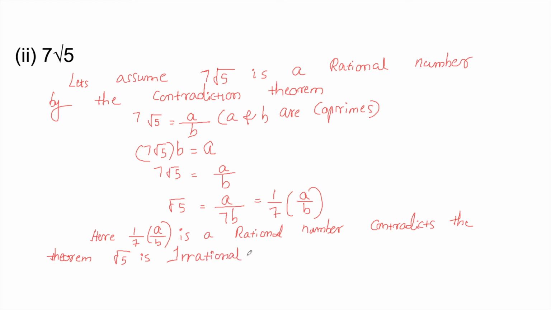Okay, that means our assumption was wrong. So we can conclude, hence 7 root 5 is irrational. Okay, our assumption was wrong, it was rational. So 7 root 5 is irrational.